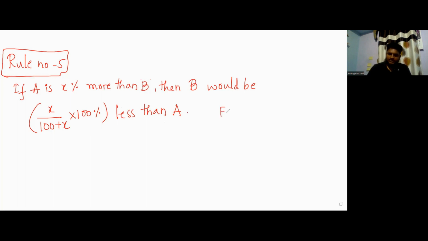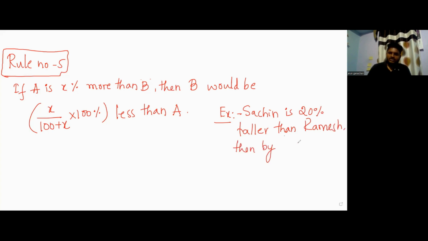So your example will be something of this sort. Let us take an example where we have two people, Sachin and Ramesh. Sachin is 20% taller than Ramesh. Then by how much percentage is Ramesh shorter than Sachin?